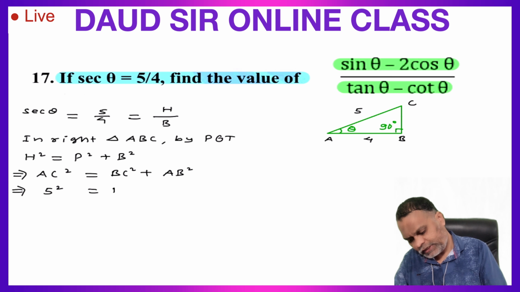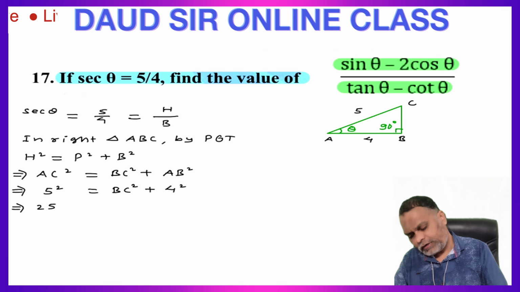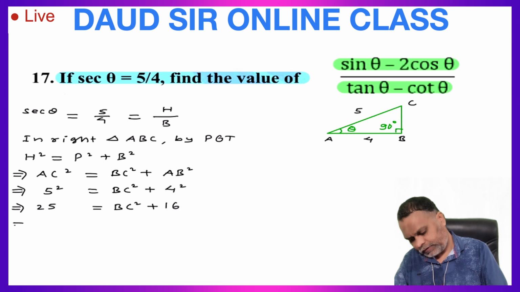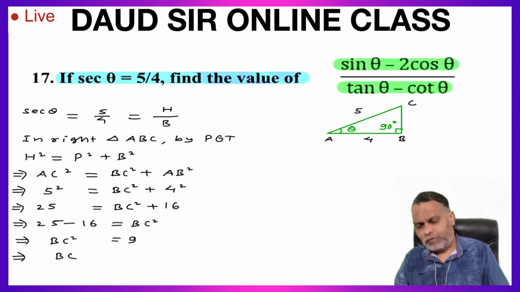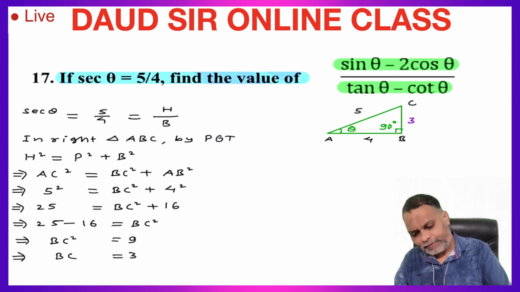BC is missing, so write BC square, and AB is 4, so 4 square, which implies 25 is equal to BC square plus 16, so 25 minus 16 is equal to BC square. So BC square is equal to 25 minus 16, 9, so take under root, BC is equal to 3. Now this missing side is 3.